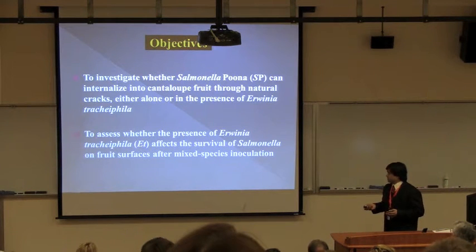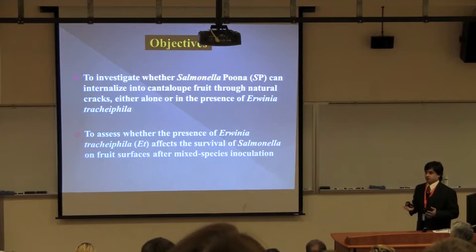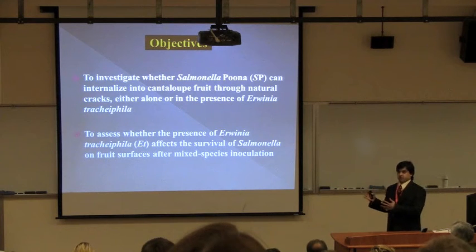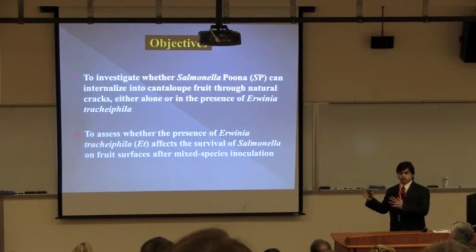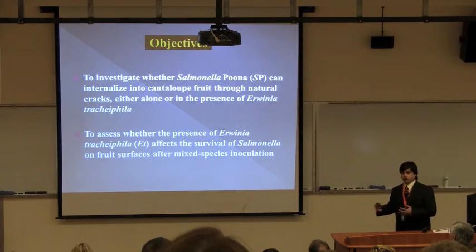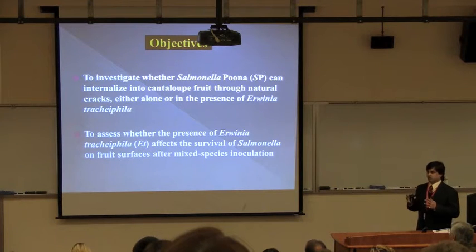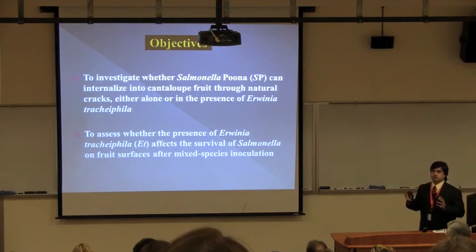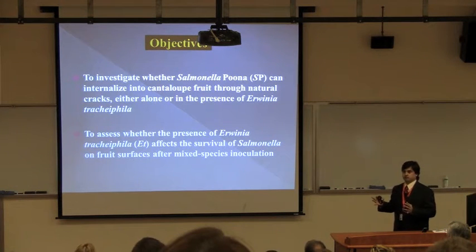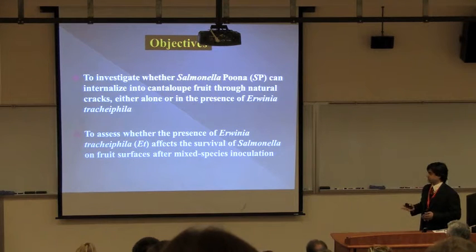The second objective is to understand whether the presence of the plant pathogen can help Salmonella survive on the surface for a longer time or not. We expect, based on previous reports, that other microflora usually help the fitness of the human pathogen on the plant surface.